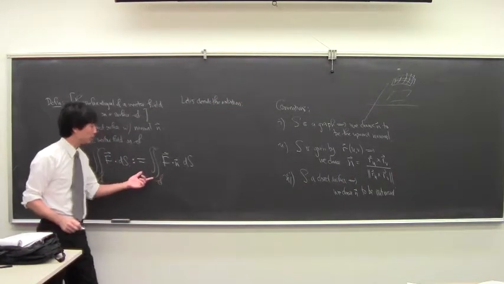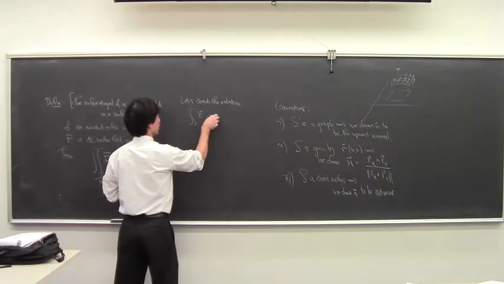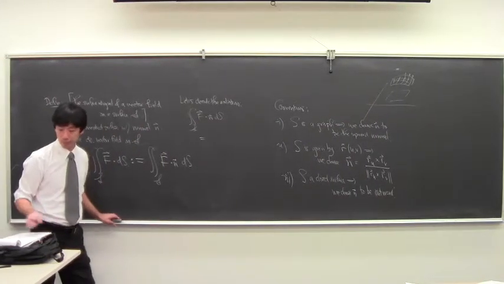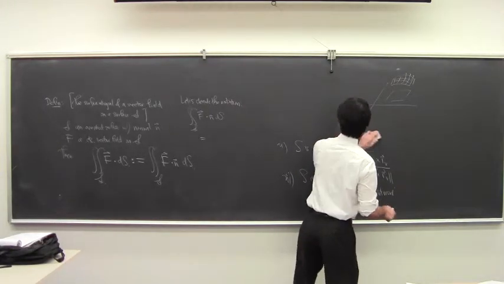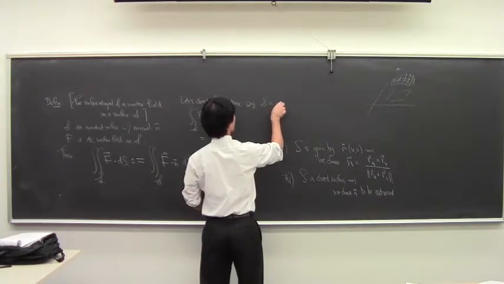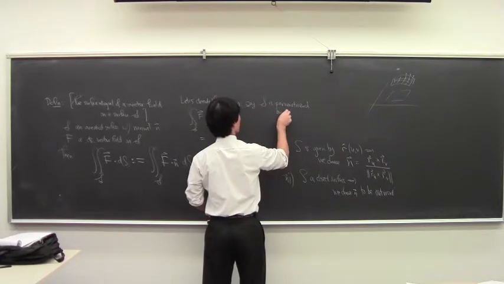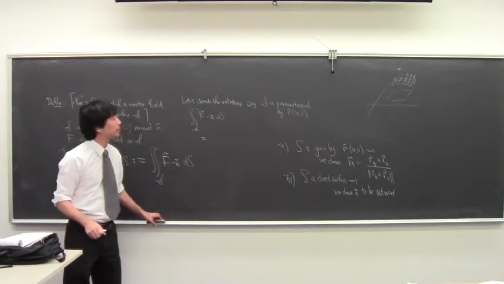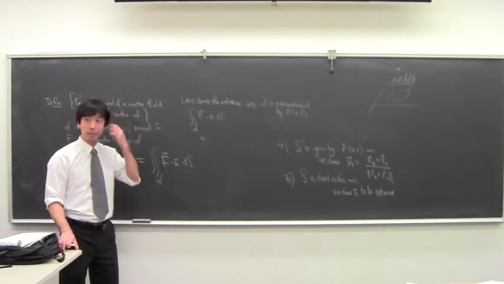Right, decoding the notation. What's this thing here? F dot n dS. Let's say that S is parametrized by r, some function r. So let's just decode what this means.